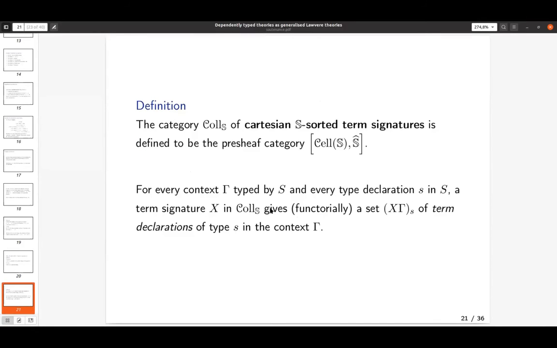Right. So I'll say that the category of Cartesian S-sorted term signatures is the following functor category. It's the category of functors from finite cell complexes on S to presheaves on S. And the idea is that a finite cell complex is a context over the signature S, and a Cartesian S-sorted term signature is a presheaf that gives you for every context and a type a set of term declarations.